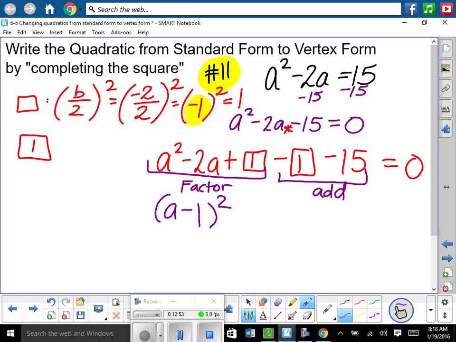We've set it up to be a perfect square. That's what a perfect square looks like. Something multiplied by itself twice. Does everybody understand where I got that? And then we're going to add these 2 up. Careful, this is negative 1 plus negative 15, which is negative 16. So we have negative 16 is equal to 0. And now we have it written in vertex form.